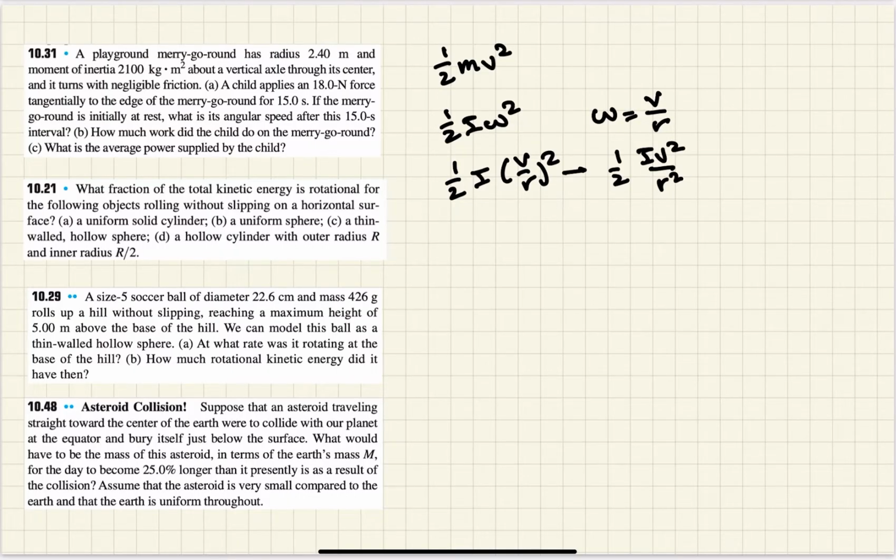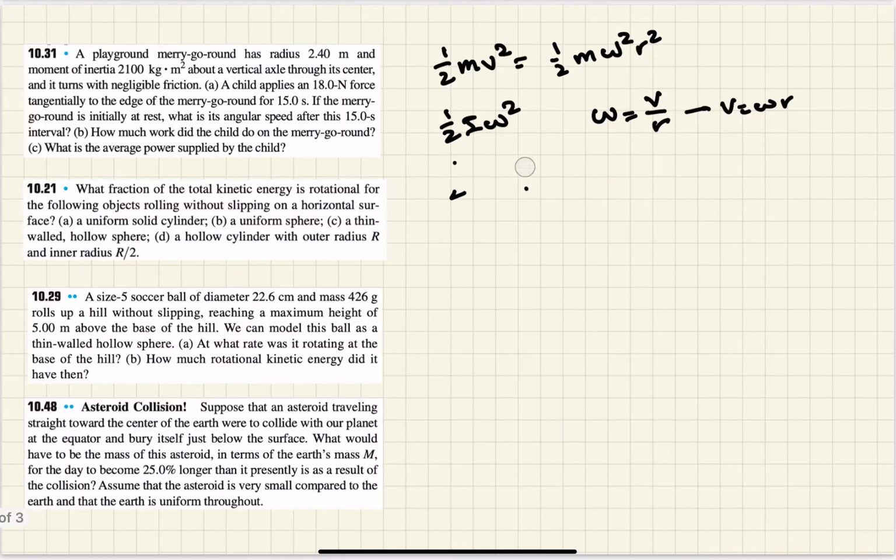Alternatively, you could turn this into v is equal to omega r, and so this becomes 1/2 m omega squared r squared. Either way works. I'm actually going to do the second way because I don't like fractions very much. So this stays 1/2 I omega squared. Now, the fraction that is rotational is going to be 1/2 I omega squared over 1/2 I omega squared plus 1/2 m omega squared r squared.